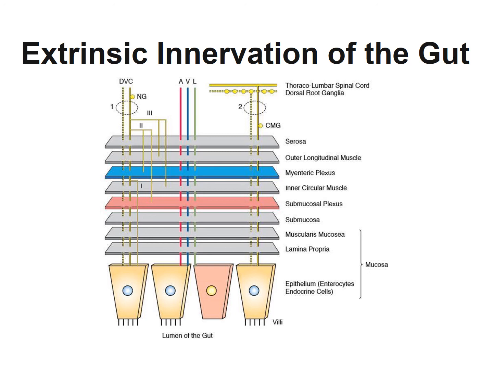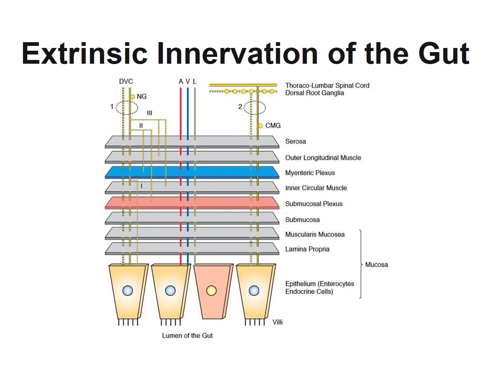The second extrinsic innervation of the gastrointestinal tract is the sympathetic innervation. We talked about the parasympathetic, the vagus. Now we will talk about the sympathetic innervation. The sympathetic innervation of the gut is supplied by the splanchnic nerve, denoted as number 2 in this diagram.